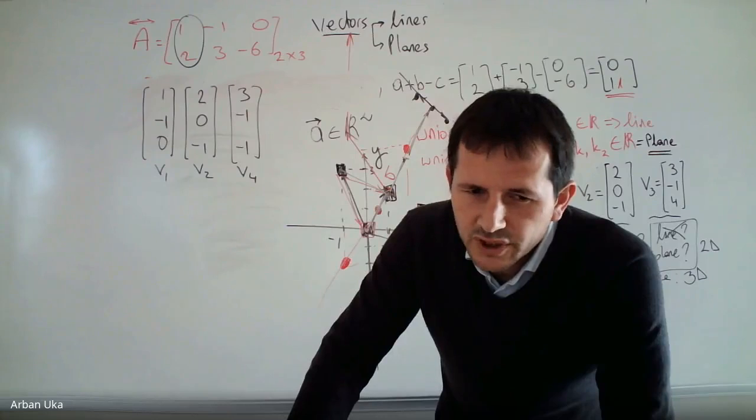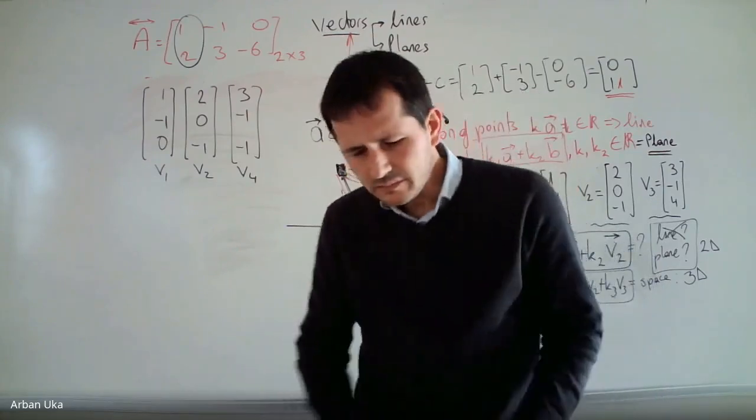I think it is a three-dimensional space. That's a good try. Why do you think so? Because the last time we talked about three vectors and their combination, the union of them was space.